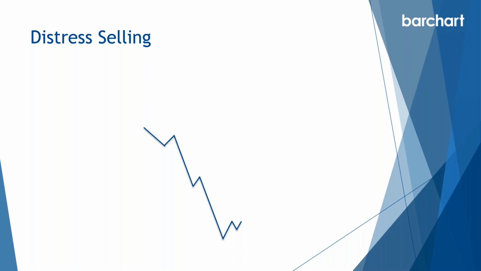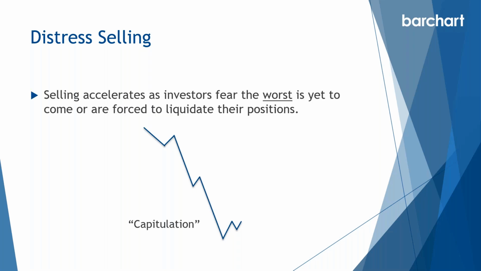But typically, there is some sort of liquidation or a major risk-off element as capital is withdrawn from the market. Selling accelerates as investors fear the worst is yet to come, and some are forced to liquidate their positions.